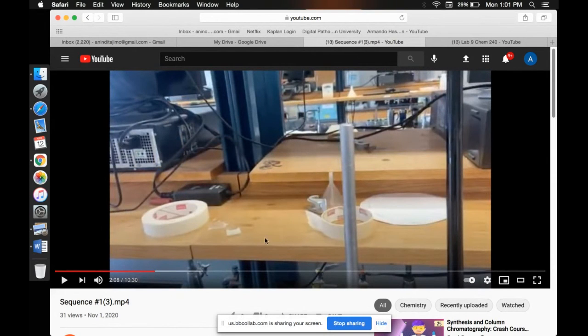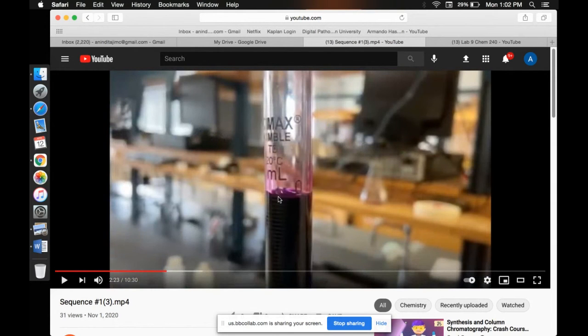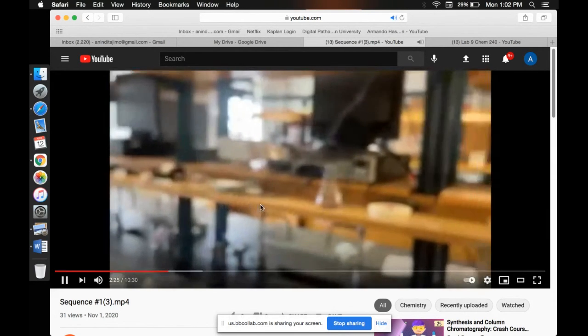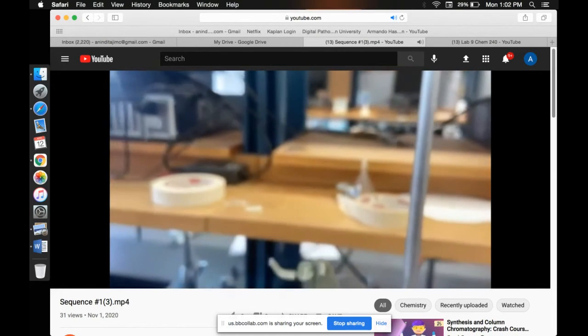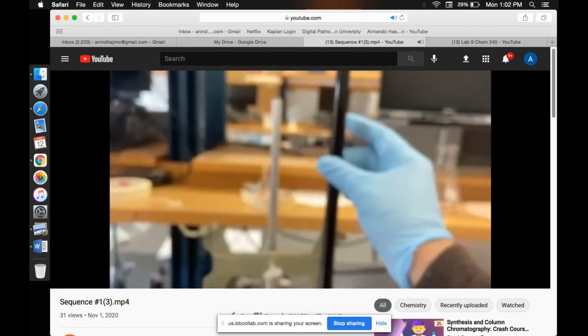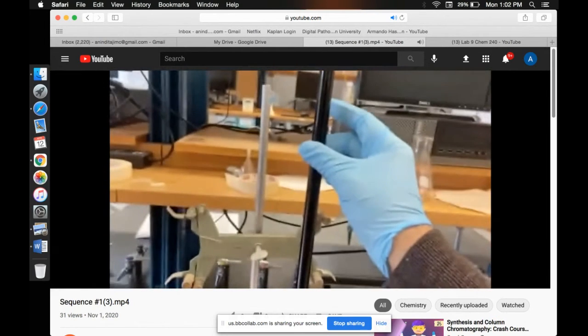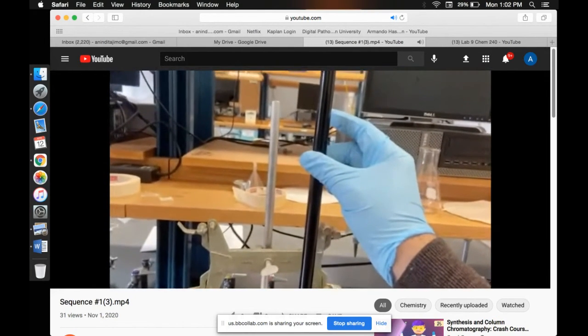If it is colorless, like water or something like that, then we focus on the lower meniscus. That's what I said here also. So this KMnO4 is a colorful solution. You see that the color is dark purple.